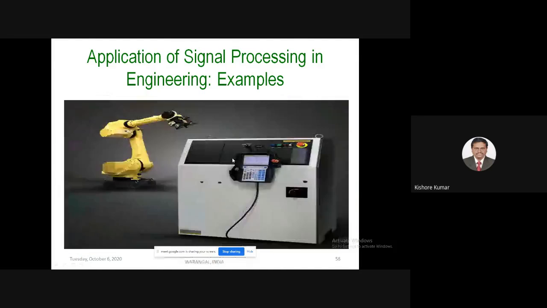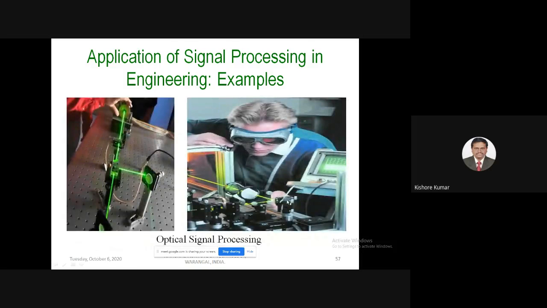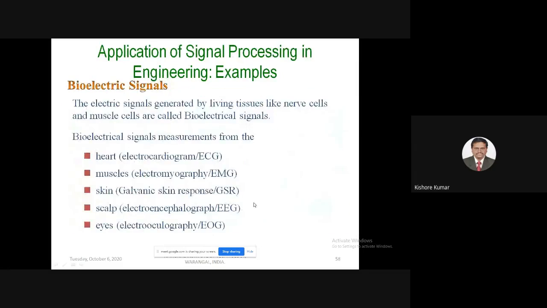This is robotics, robotic laser surgeries. People are using this particular robot. See here, this is optical signal processing, where we can do surgery and different types of things. And this is the application of signal processing in engineering.